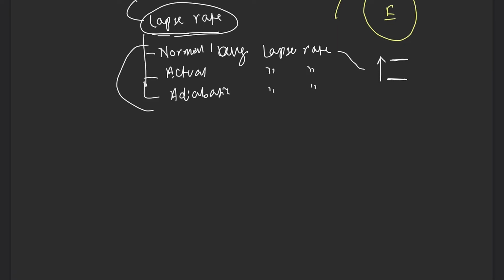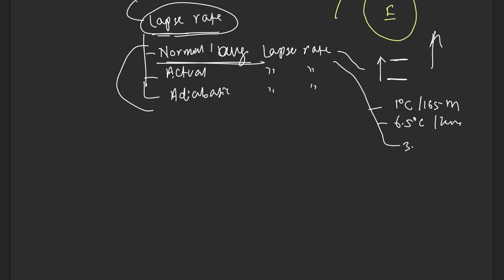If we go upward in our atmosphere, how the temperature varies from one height level to another, that is the lapse rate. The normal or average lapse rate is the average of different actual lapse rates measured at different times. Its value is around 1 degree Celsius per 165 meters, or 6.5 degrees Celsius per kilometer, or 3.5 degrees Fahrenheit per 1000 feet. This is the normal or average lapse rate.